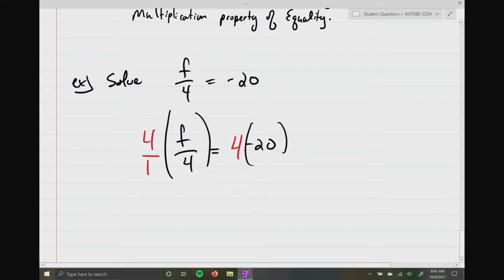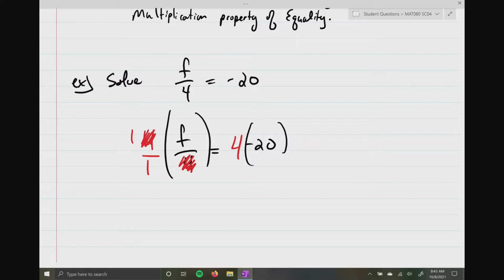The 4. What about it, Kim? Do you do this so that you can get the letter alone? Absolutely. What's going to happen to the 4 in the numerator and the 4 in the denominator? They reduce. To what number? 1. Perfect. And we know 1 times a number is that number.